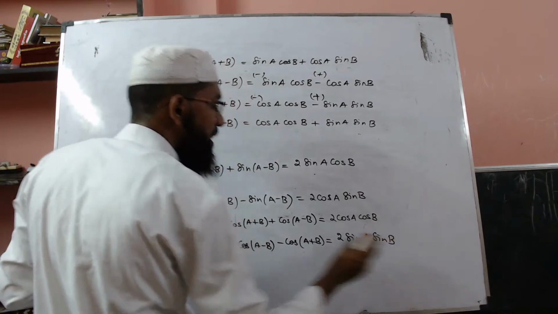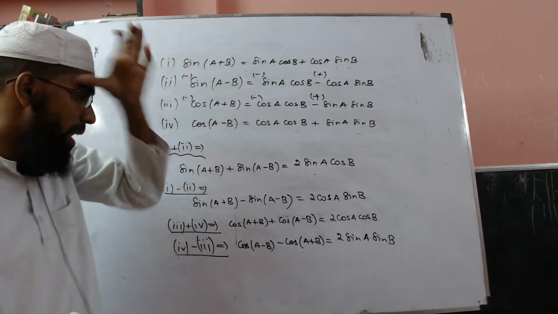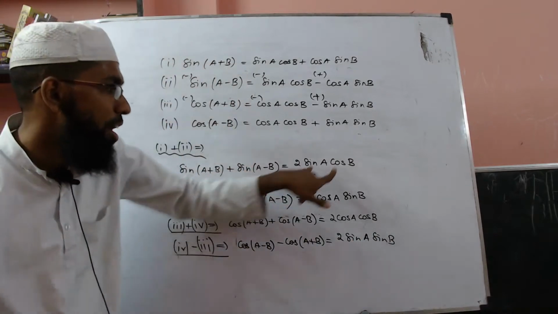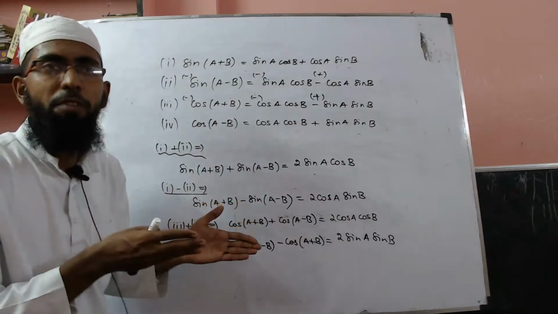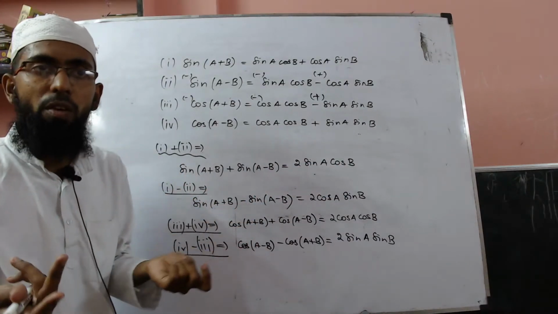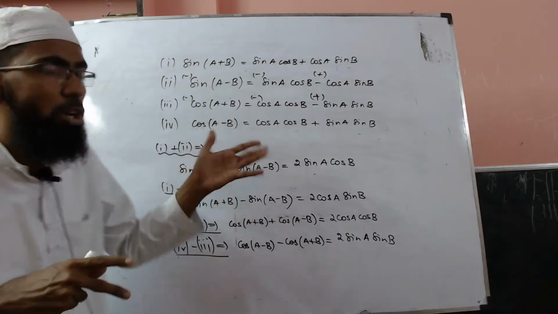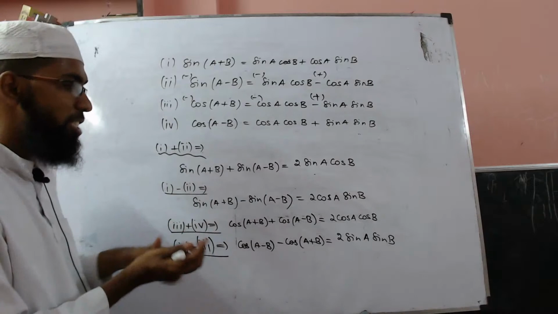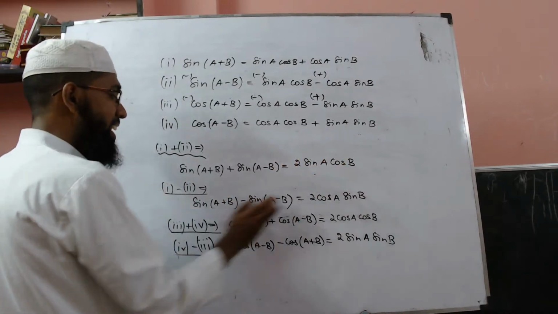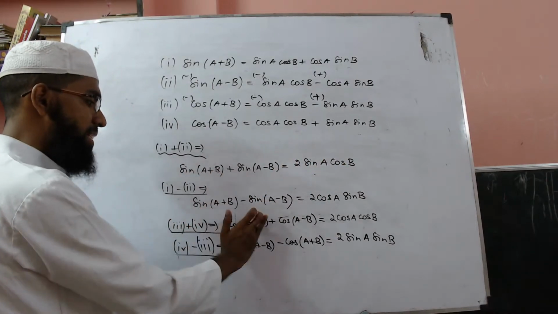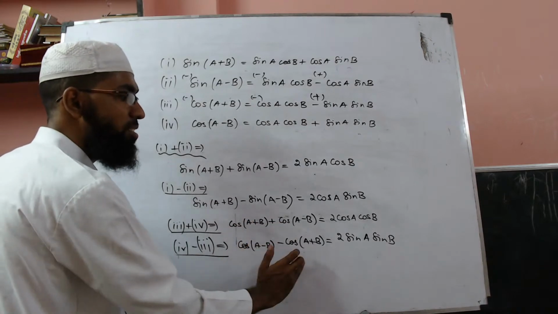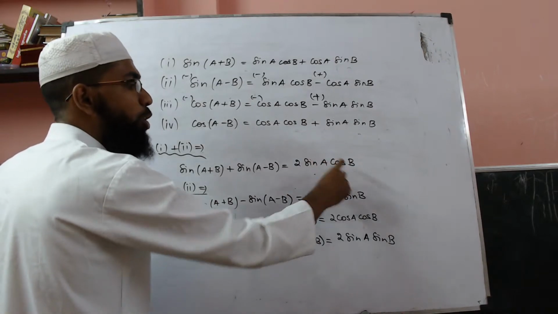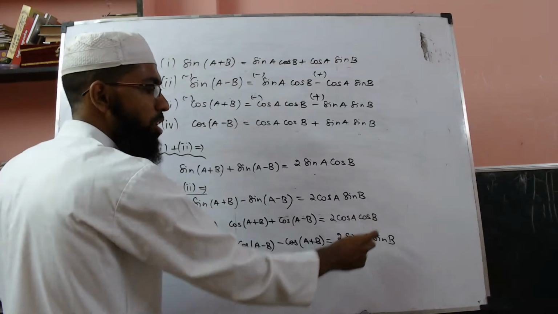Yes, now we will use this formula when it is given in product, like sin 45 cos 35. If the sin and cos are given in product and we should express it as a sum or difference, here it is sin into cos, and here sin plus sin, sin minus sin, cos plus cos, cos minus cos. The right hand side is everything in product: sin into cos, cos into sin, cos into cos, sin into sin.